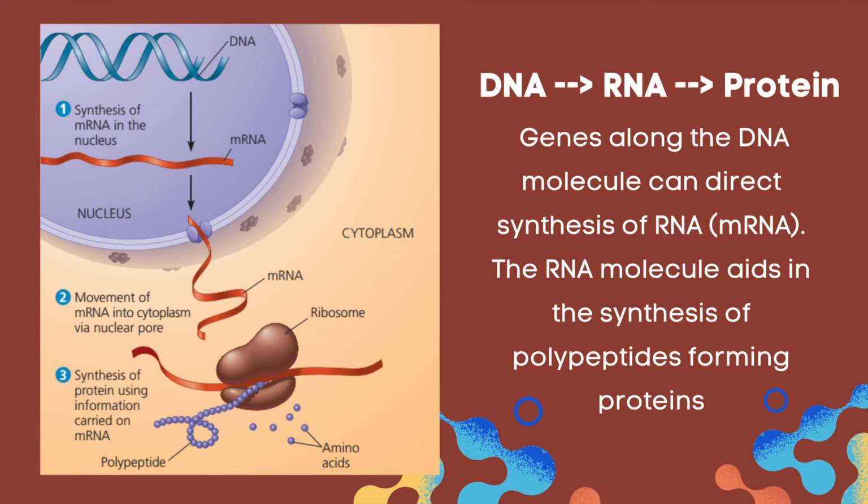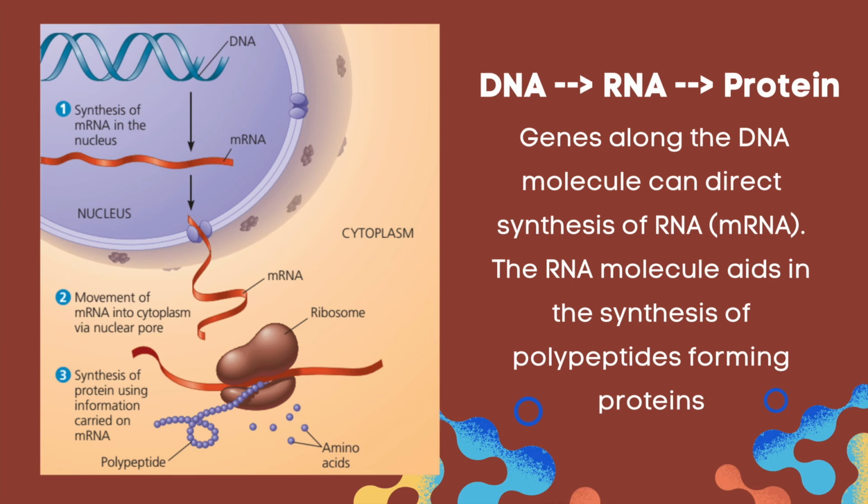We will now relate how DNA, RNA, and proteins work together. The central dogma of molecular biology states that genetic information flows from the DNA to RNA to proteins. The DNA is the genetic material that organisms inherit from their parents. DNA contains the instructions needed for an organism to develop, survive, and reproduce.